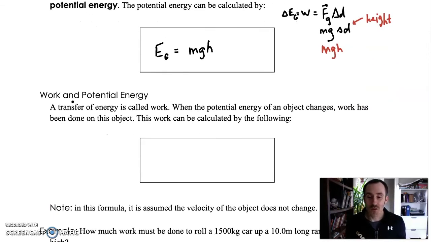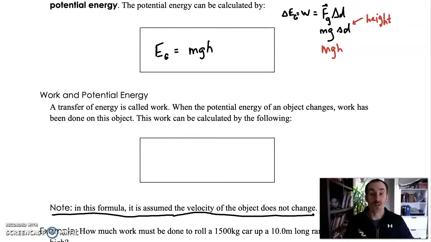Okay, and so we're going to do just like we did for kinetic energy. We're going to assume that something's speed is not going to change. Right down here, note, in this formula, it is assumed the velocity of the object does not change. Okay, we looked specifically at kinetic energy last time, and we said we're going to ignore height changes because that would change gravitational potential energy.